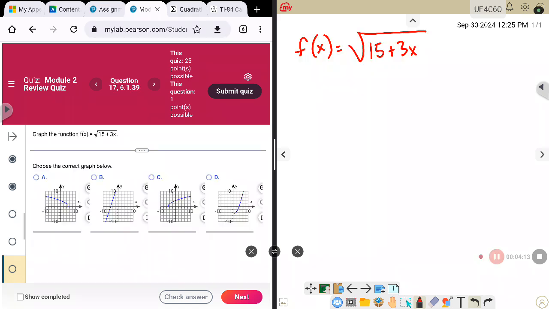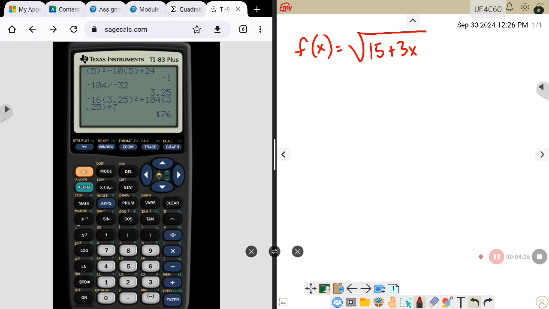All right, on the next question, I have graphed the function f of x equals, excuse me, the square root of 15 plus 3x. I'm going to put that in my y equals. So second, square root, 15 plus 3x, and graph that.